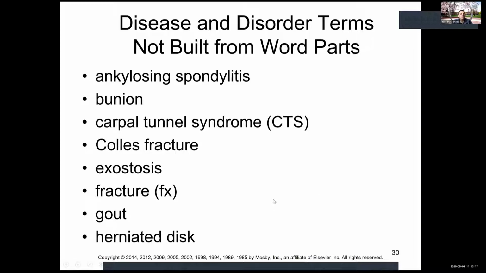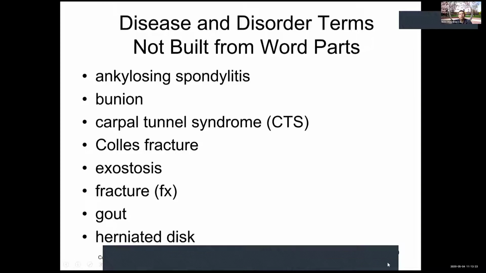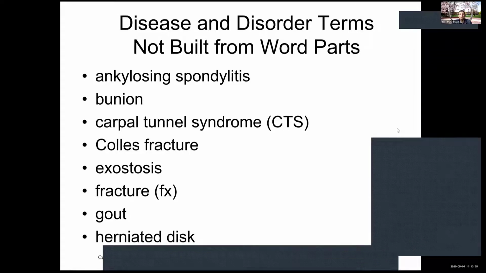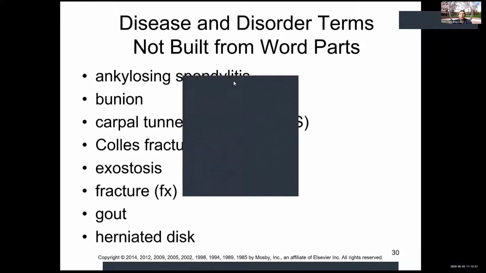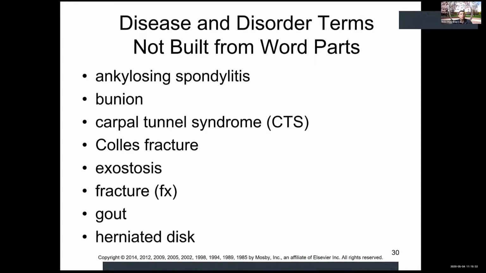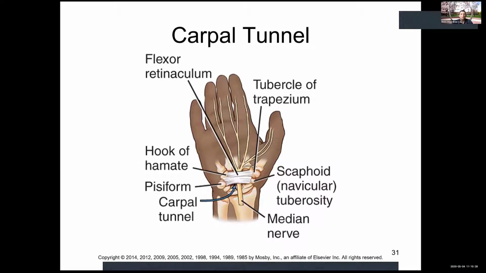Carpal tunnel syndrome, we're familiar with that from people who are typing all of the time, which we're seeing more and more now with all of the online work. With carpal tunnel syndrome, you can see the flexor retinaculum. That's that huge tendon on the palm of your hand. It comes right across through here. Underneath that, you have the median nerve. The median nerve comes up and then spreads out to the rest of your fingers.